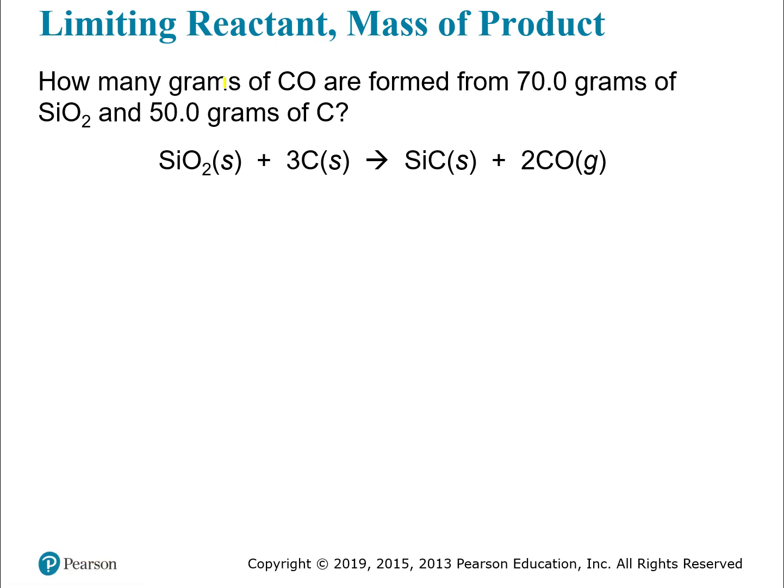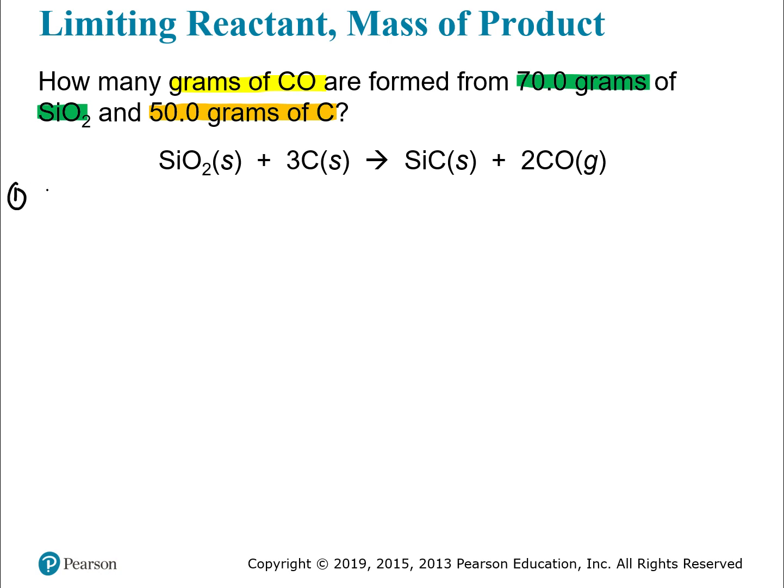So we're starting out, we want to know how many grams of carbon monoxide are formed. We've got 70 grams of one reactant and 50 grams of the other. What we're doing here is, again, answering two questions.